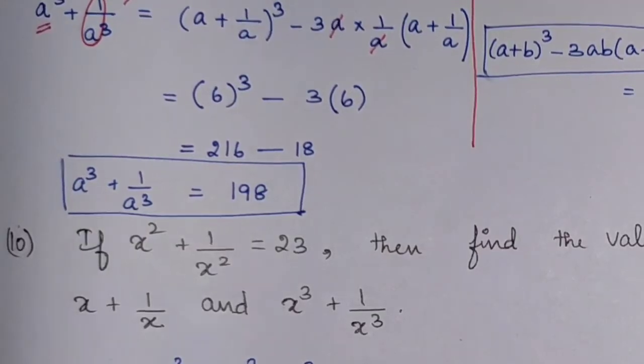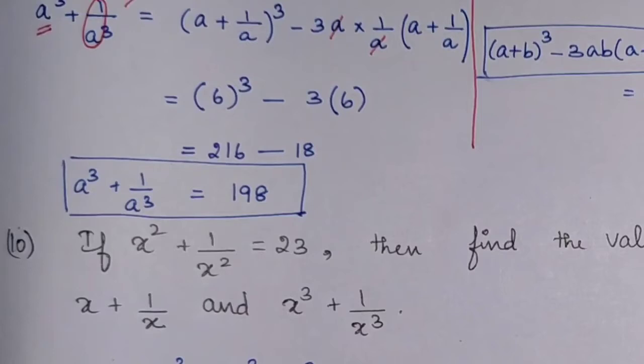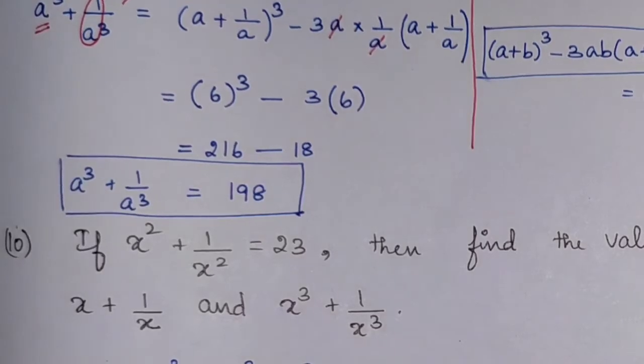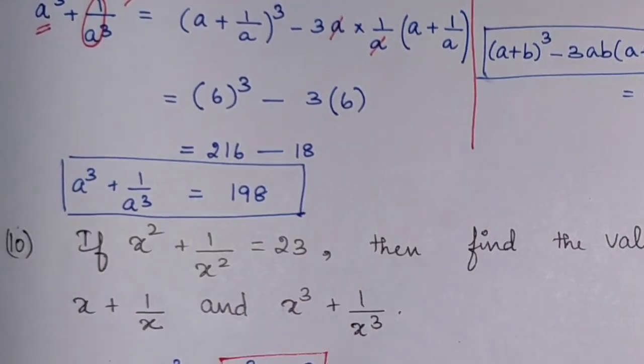So here x square plus 1 by x square is equal to 23 is given, so we are given this value.